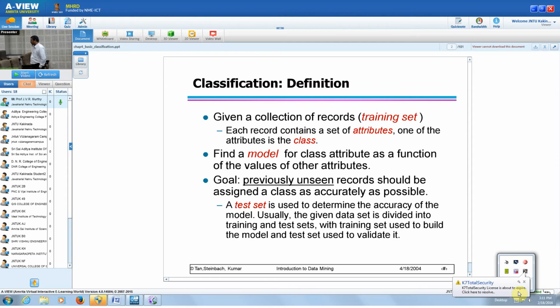Then suppose I ask you where you live, and you say I live in MIG, State Bank. So probably your father or you are a middle level employee. So your vicinity, your neighborhood, tells something about you.